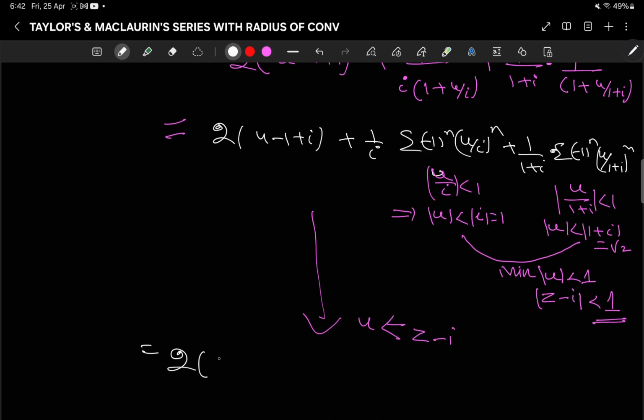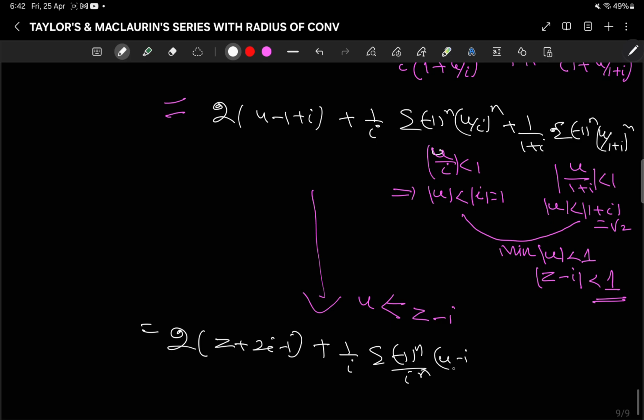It is 2 into (z plus 2i minus 1), plus 1 by i summation of (minus 1) to the power n by i to the power n, (z minus i) to the power n, plus 1 by (1 plus i) summation of (minus 1) to the power n by (1 plus i) to the power n, with (z minus i) to the power n, with |z minus i| less than 1. This is the answer.